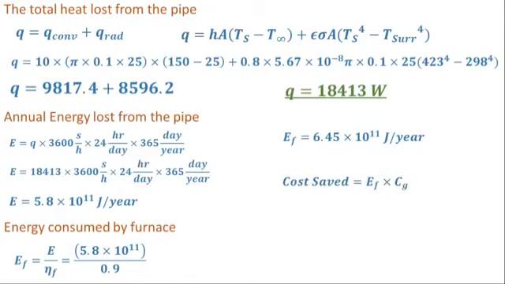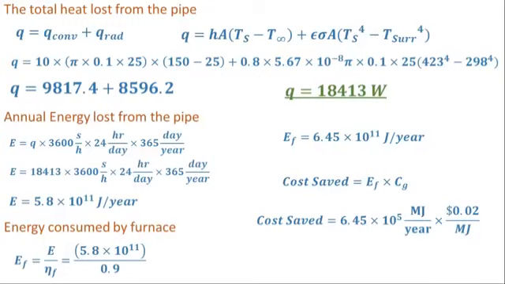Now we are going to find how much cost will be saved if we apply insulation, or what will be the cost of heat loss, and it will be EF times CG, where EF is the energy consumed by the furnace and CG is the cost of generation.